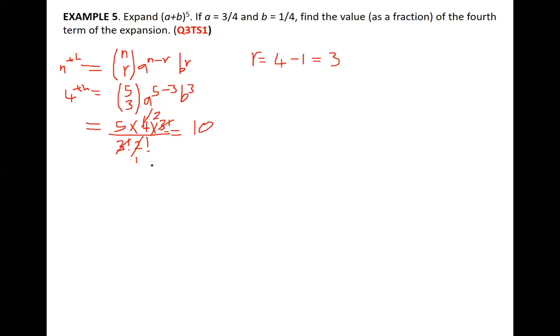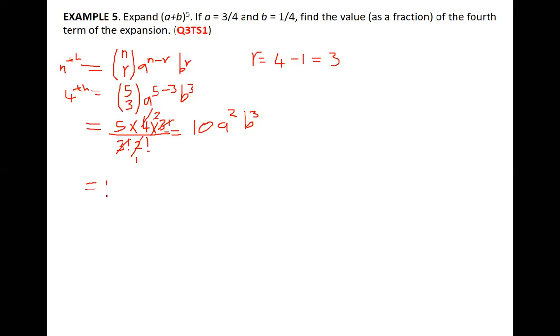And then, having found the coefficient, we can now proceed to finding what? So this is going to be 10 a to the power 5 minus 3, so you get a squared, and then b cubed.